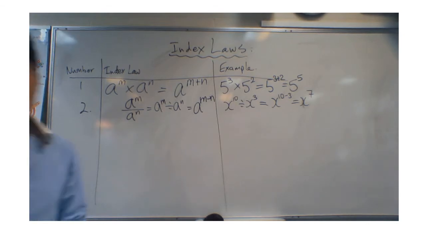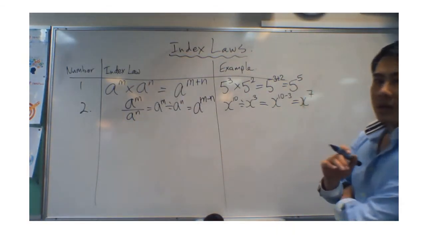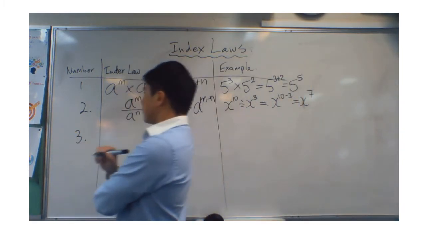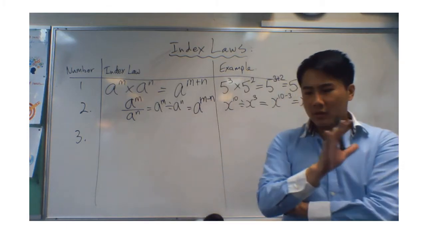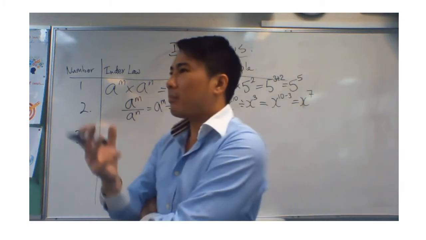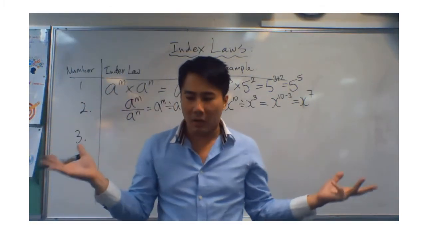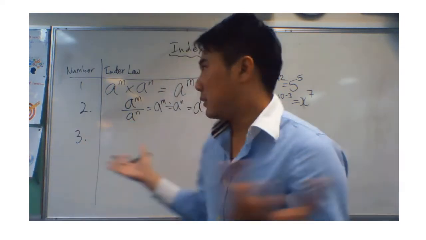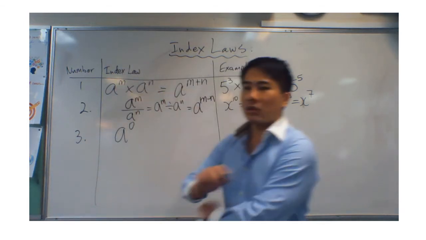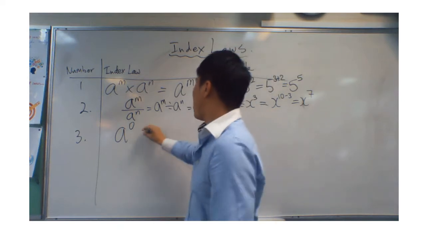Okay. What about the third index law? The third index law is a very super simple one. It's the one that everyone shouldn't have any problem with. That's the power of 0. What happens when you raise something to the power of 0? What does that become? Becomes 1. So if you've got a number or a variable, and you raise it to the power of 0, it's just going to become 1.